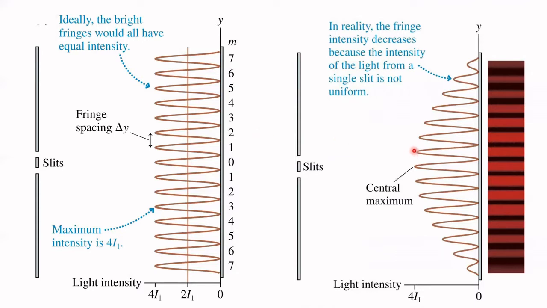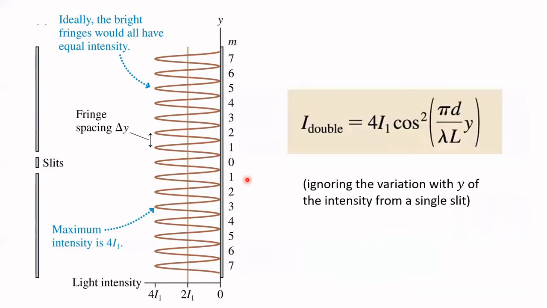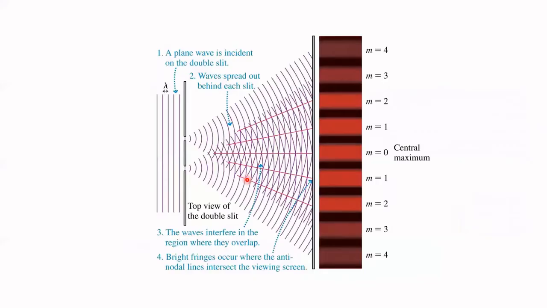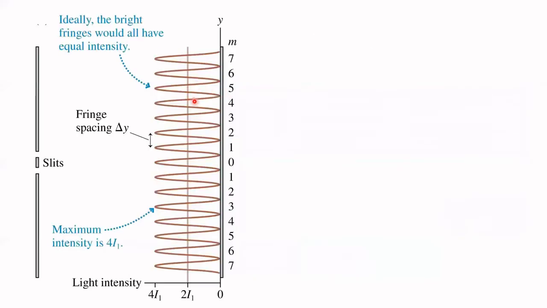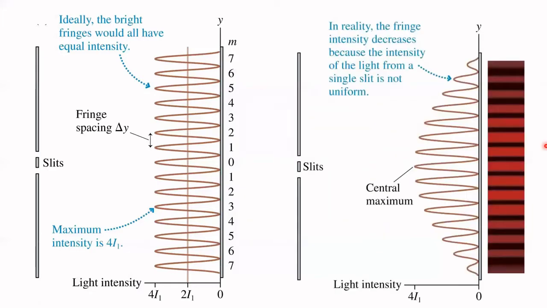So as I mentioned, this gradual drop off in intensity as we move away from the center is a consequence of the finite width of the slits. We're not going to attempt to explain that in this presentation. We're only after this function. And I wish I had a graphic with this superimposed next to the fringes. This does a pretty good job.